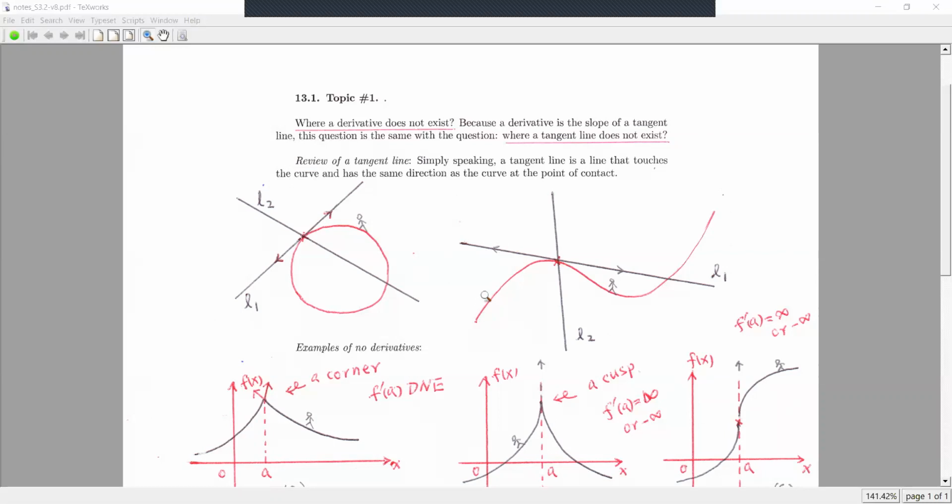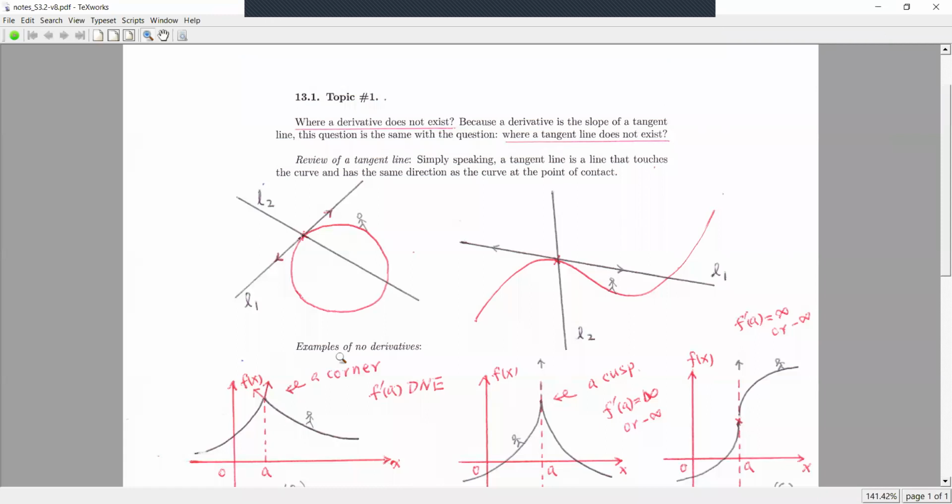Walk from the other side. When I pass the point of contact, my walking direction is this direction. These two directions are the direction of the curve at this point. The line L1 matches these two directions. Therefore, L1 is a tangent line at this point.